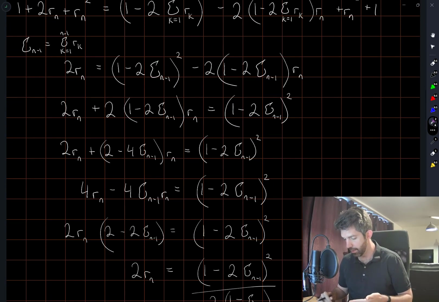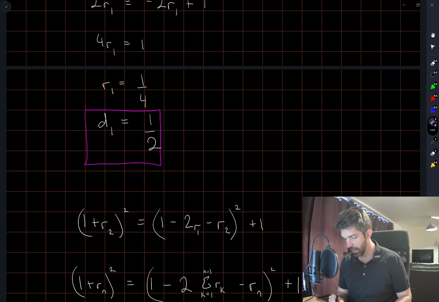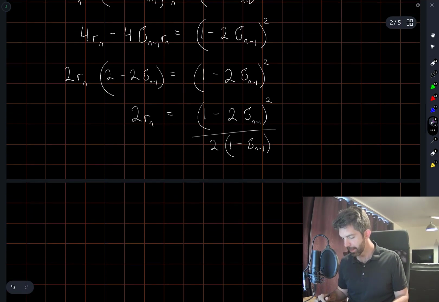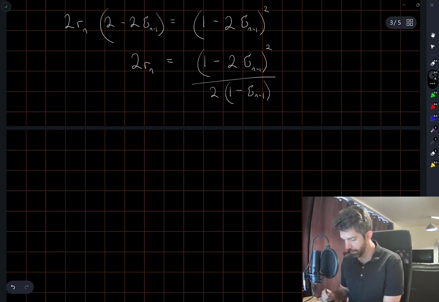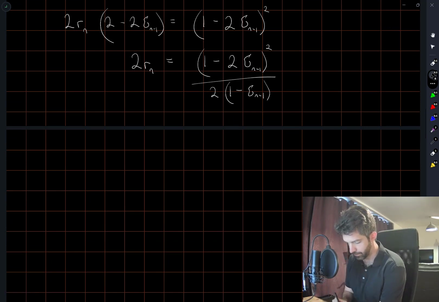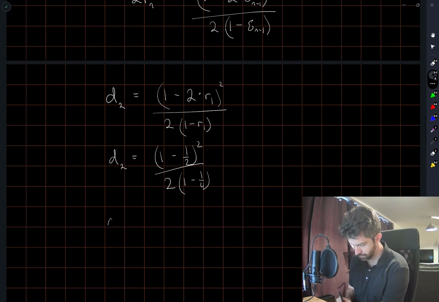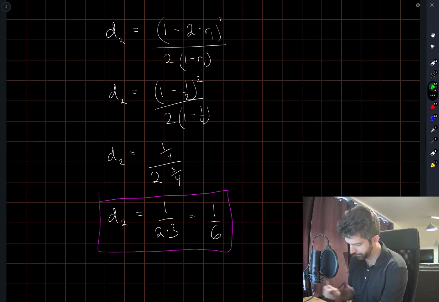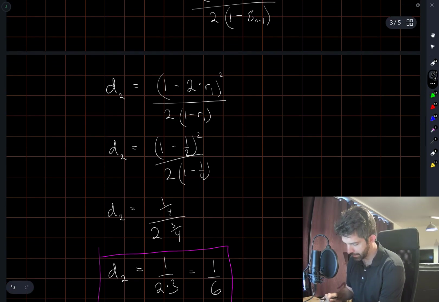So our formula here coincides with the direct expression we had there. Let's compute R2, or in fact D2. So there's D2. Maybe I should make a table.